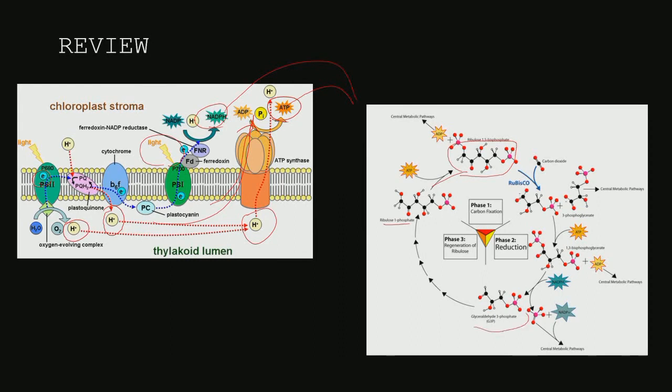In the end, you have 6 glyceraldehyde 3-phosphates, but only 1 can be kept. 5 have to go back into this. And so you have glyceraldehyde 3-phosphate, and 2 glyceraldehyde 3-phosphates can make a glucose. So that is how glucose is made in a plant cell.